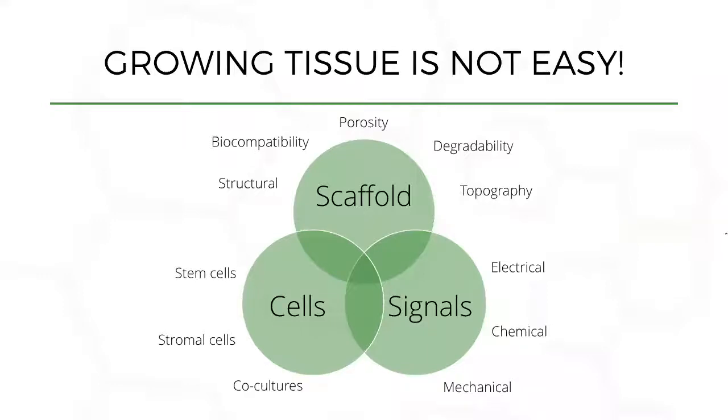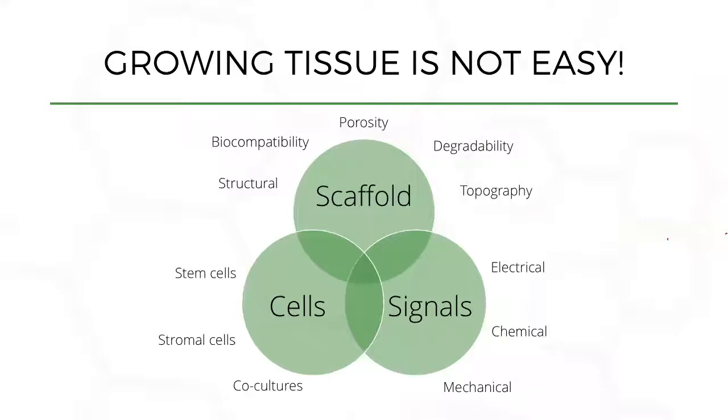For the scaffold, for example, we need to consider the structural properties, biocompatibility, porosity, the degradation rate potentially, and maybe the topography of the scaffold as well. On the cellular side, there are different types of cells we need to consider, and each of them has its own unique requirements. Sometimes we may have co-culture systems as well, and those also bring a new set of challenges.